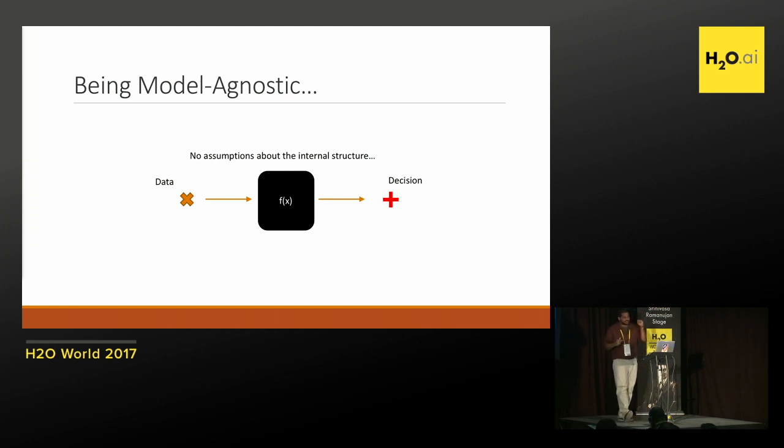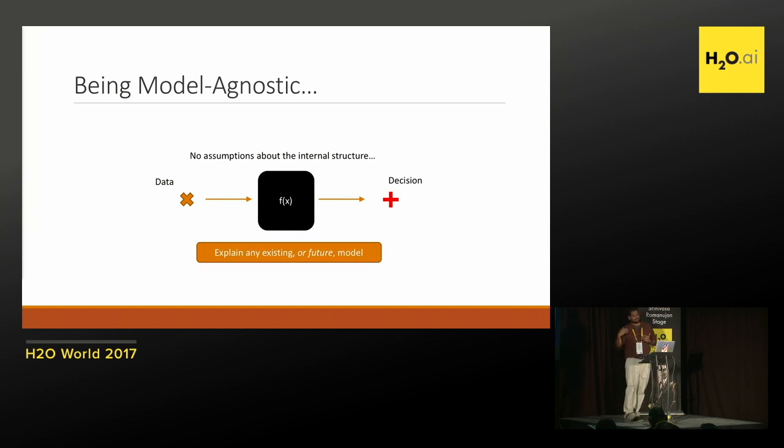It's just some function where you give it a data point, it gives you a prediction. Why did we do that? Well, firstly, we wanted to support all existing sort of algorithms. But in some sense, it also makes our method future-proof, right? Even if somebody comes up with a really new algorithm tomorrow, since we are treating it as a black box, we can still sort of work off of it.